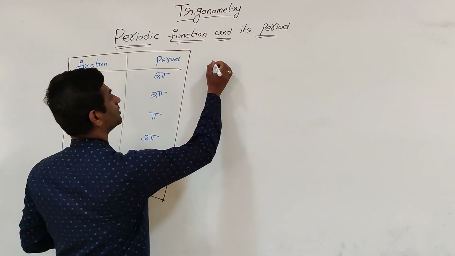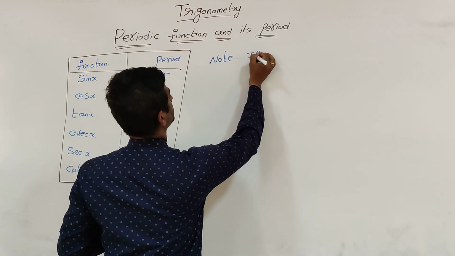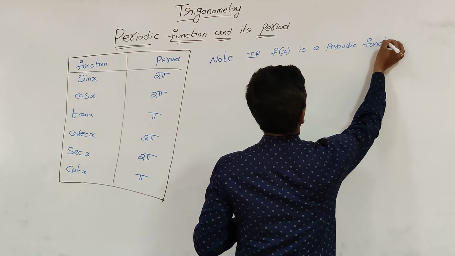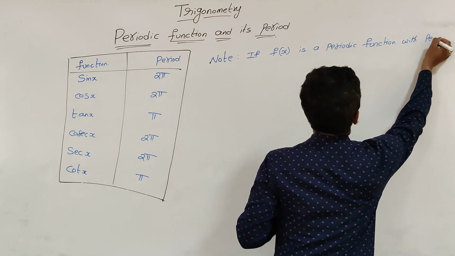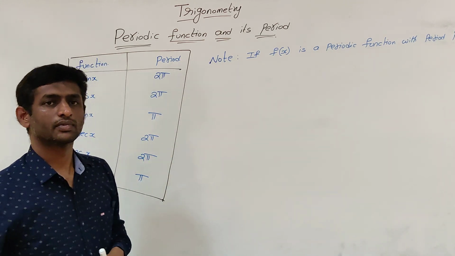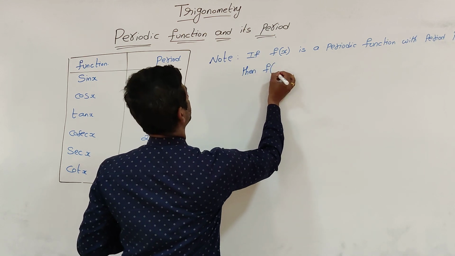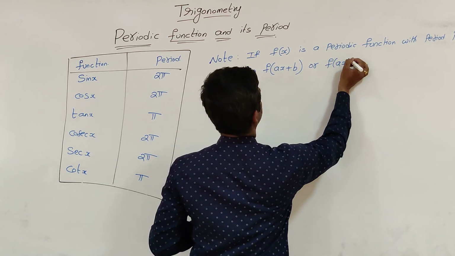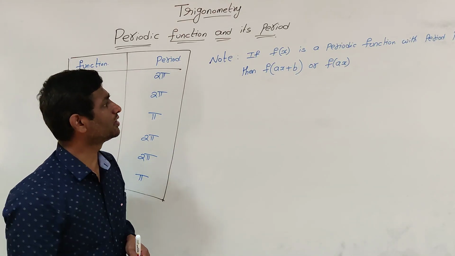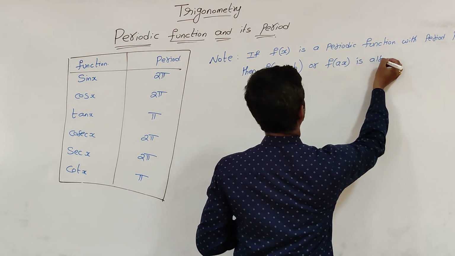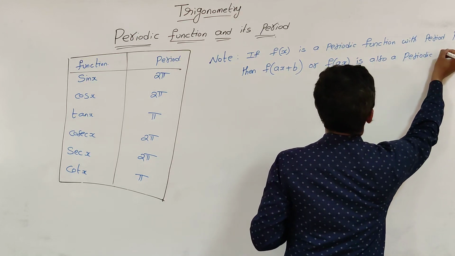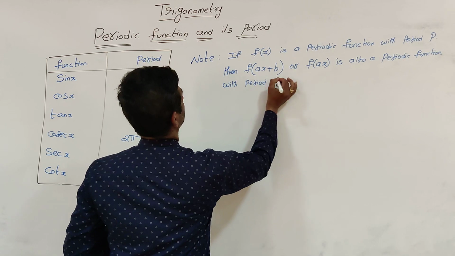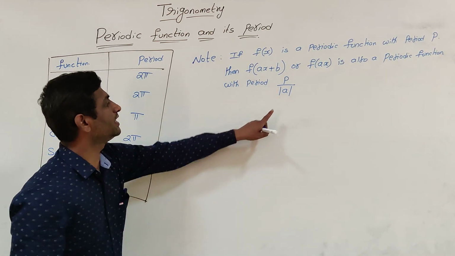Now, note: if f of x is a periodic function with period p, then f of ax plus b is also a periodic function with period p by mod a, where a is the coefficient of x.